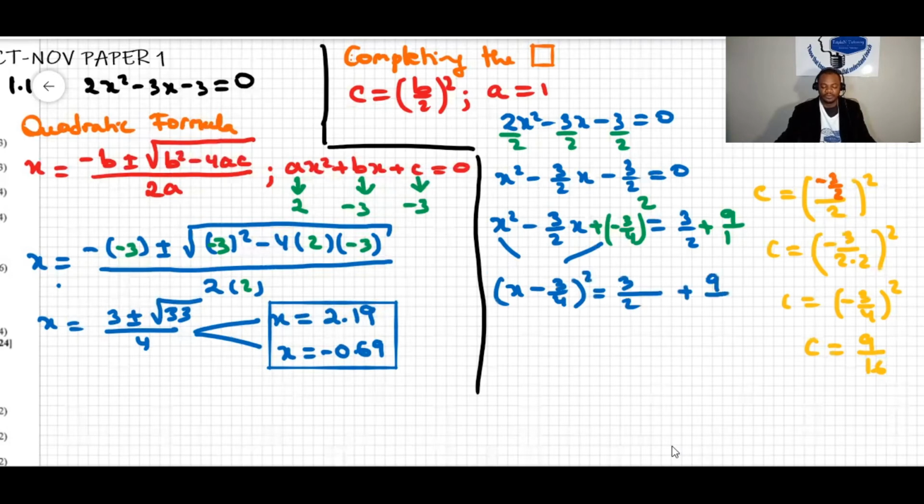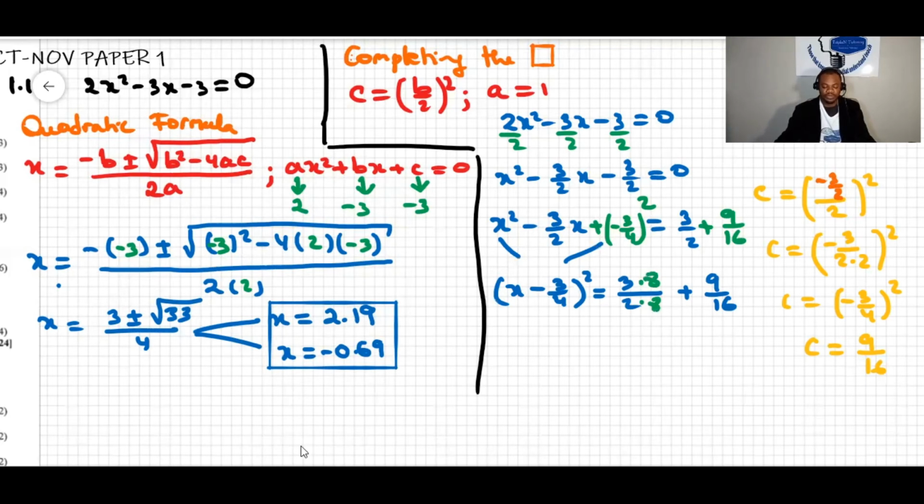3 over 2 plus 9 over 16. Now, remember, I want to add 3 over 2 plus 9 over 16. So what I can do, I need to make this 16. I'll times here by 8, I times there also by 8.